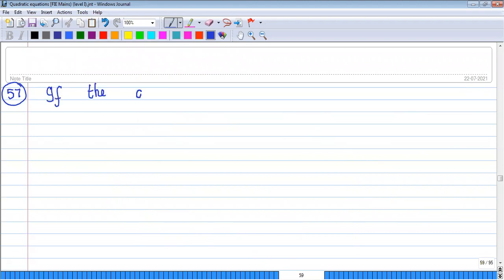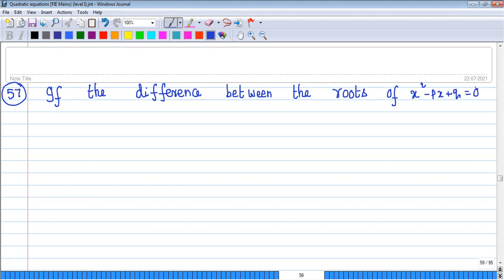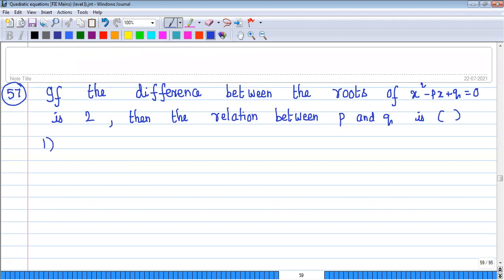If the difference between the roots of x square minus px plus q is equal to 0 is 2, then the relation between p and q is: first option, p is equal to 4 times (q plus 1) whole square.